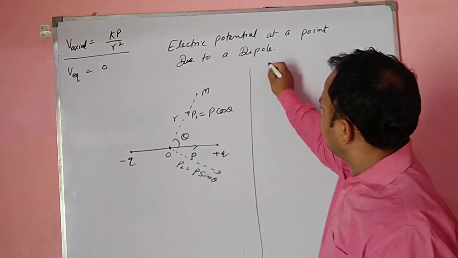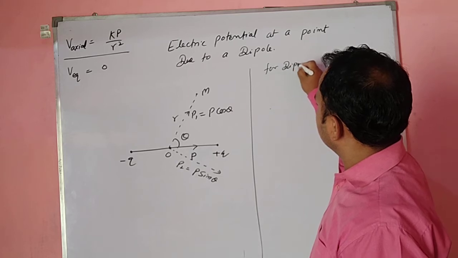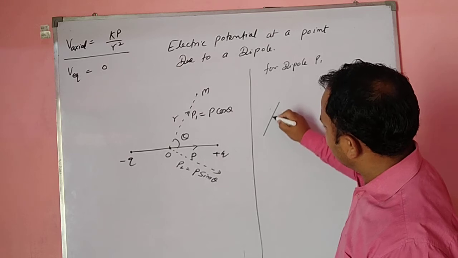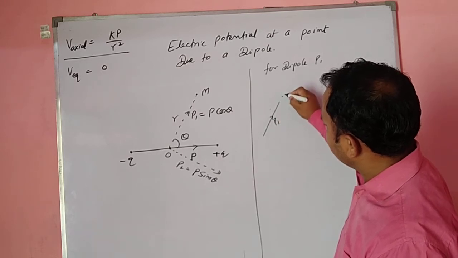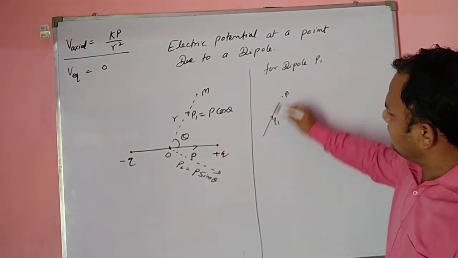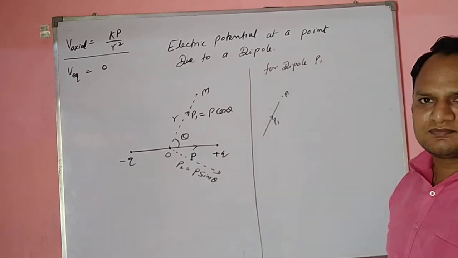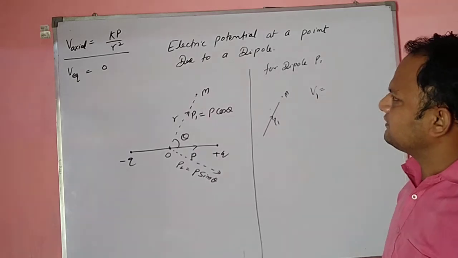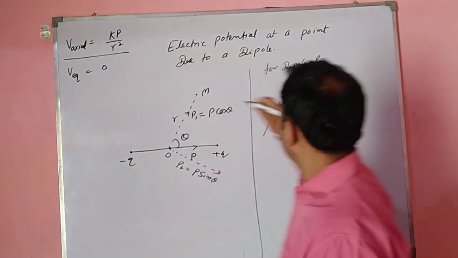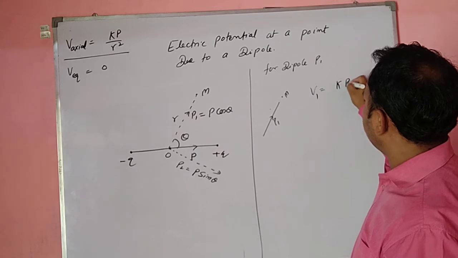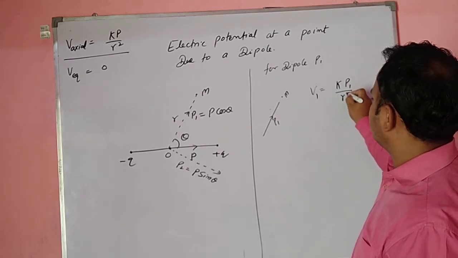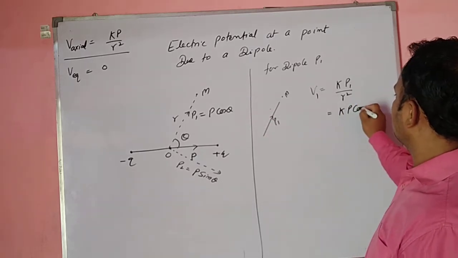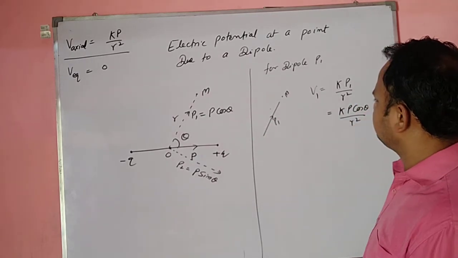For dipole P1, if we consider only this dipole and look at the point M, the point M is on the axial line of this dipole. So the potential because of this, being axial, is K P1 by R square. And what is the value of P1? It is P cos theta, so K P cos theta by R square.